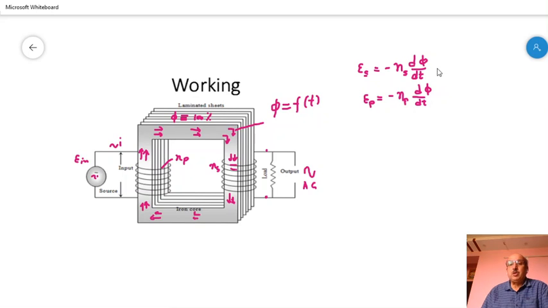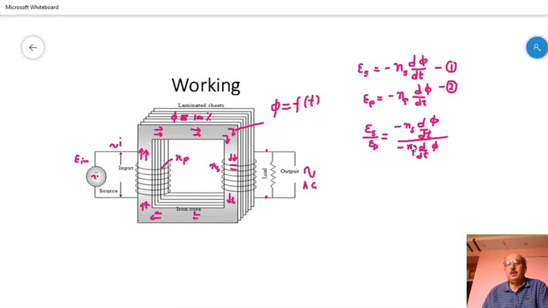Now we have two equations. If we divide these two equations, we will have Es over Ep equal to minus Ns d by dt of phi over minus Np d by dt of phi.